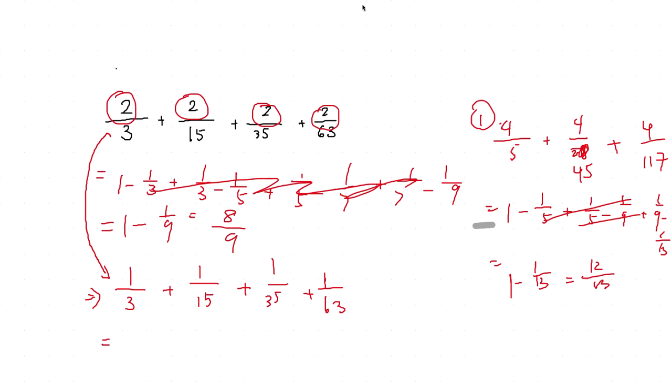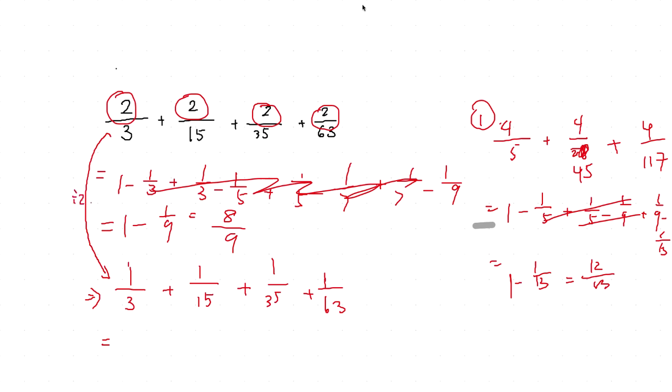How to get 2 over 3 to 1 over 3? You can minus 1 over 3, yes. But also you can what? Divide by 2, right?